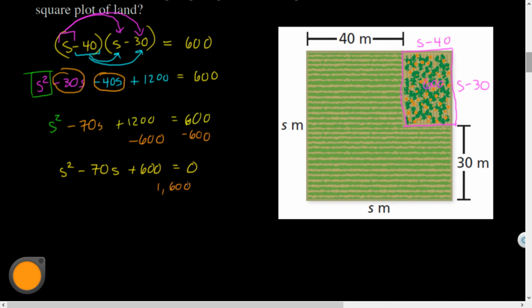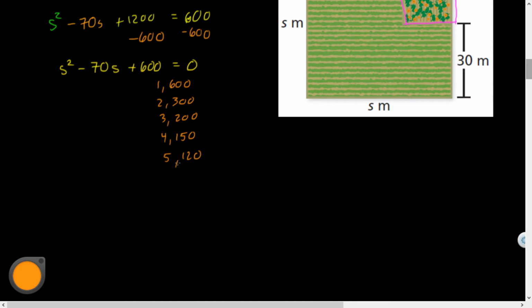1 and 600. 2 and 300. 3 and 200. Let's see, 4 must work. 4 and 150. I'll try to help us on this. 5 and 120. Nope. Let's see, 6 goes into 120 20 times, and 20 times 5 is 100.